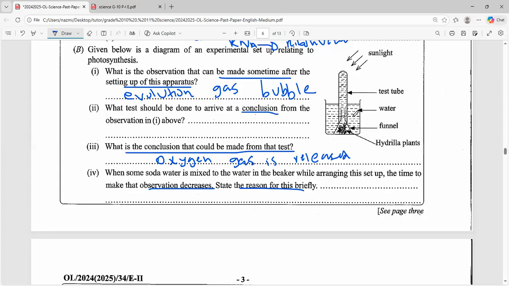When carbon dioxide increases, the rate of photosynthesis also increases. So the time taken for the observation decreases, and you get the gas quickly. The reason is the increase of carbon dioxide, which leads to an increase of photosynthesis. So that's why the time decreased. That means the reaction happens faster.